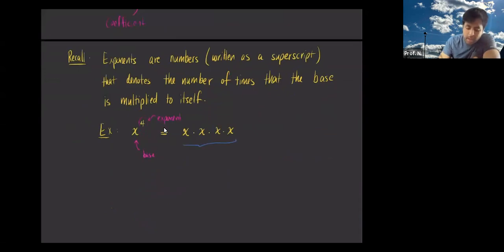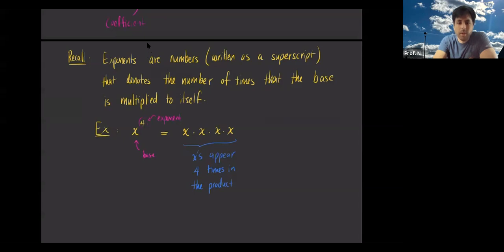So we have x's appear 4 times in the product. Okay? And I think we should have an idea of that.